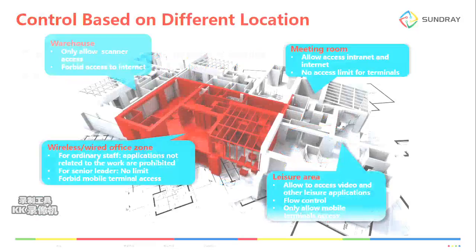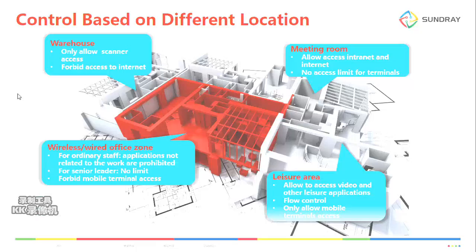And here is a small case about security control, and also control based on different locations. This is an enterprise. They have their own warehouse, meeting room, office zone and leisure area. In the warehouse, there are only scanners. The scanners only need to access the intranet, with no need to go to the internet.